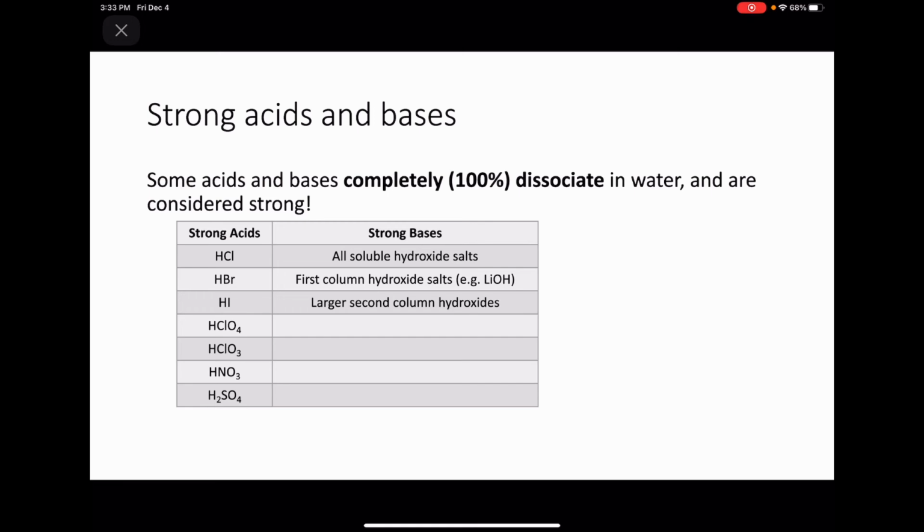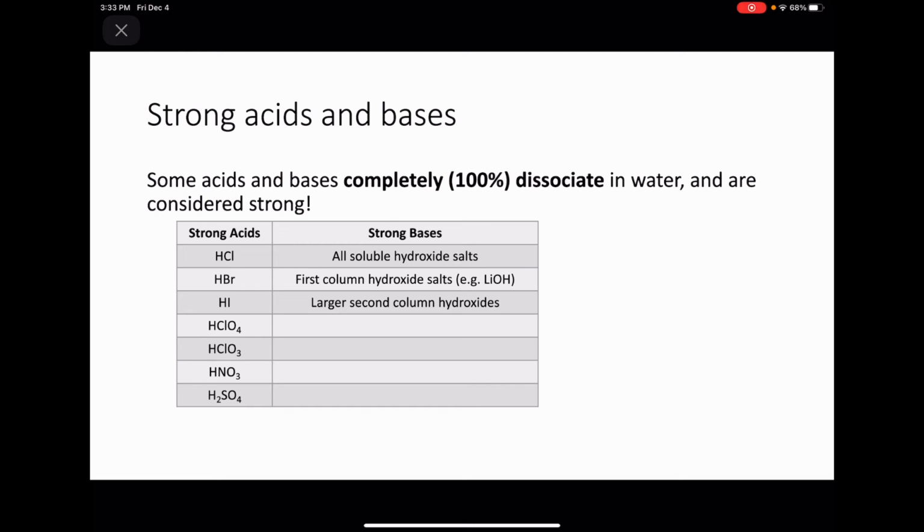And fortunately, or maybe unfortunately, I don't know, the number of strong acids and strong bases is finite. And so if we look at our strong acids, we have 7 of them here. We have HCl, HBr, and HI, HClO4, HClO3, HNO3, and H2SO4. Now that last one, notice it has 2 protons. Only the first proton is strong. The second proton is not strong. It's not 100%.